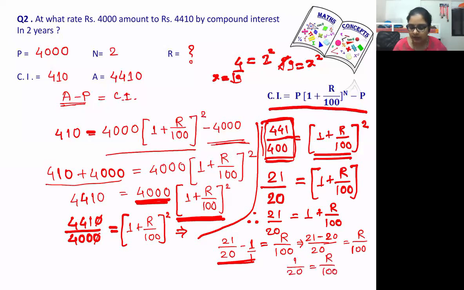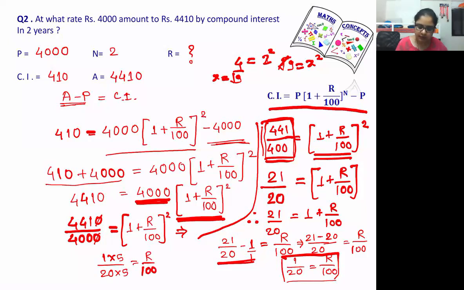Now find the equivalent fraction, find the value which needs to be multiplied. 1 upon 20 is equal to r upon 100. You can either transpose 100 to the left hand side and multiply by 100, or you can simply find out the equivalent fraction. 1 upon 20, 1 into 5 upon 20 into 5 is equal to r upon 100.